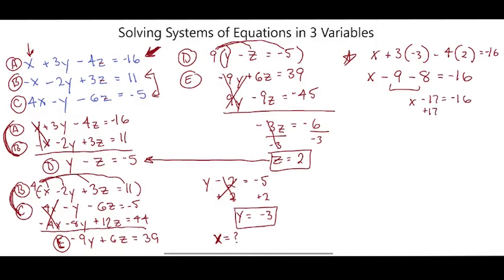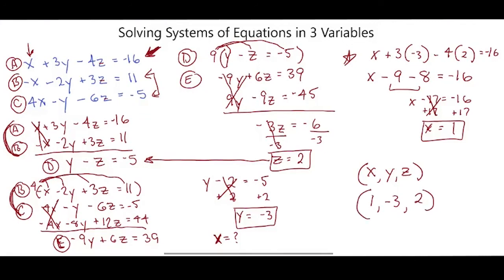If I add 17 to both sides, those cancel. x equals negative 16 plus 17 is 1. So x is 1. So that means that my solution is in the form x, y, z. My solution is 1, negative 3, 2.